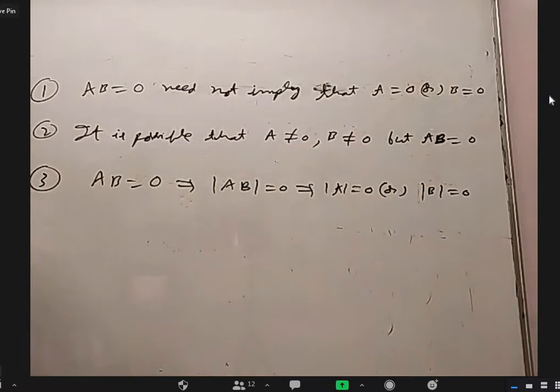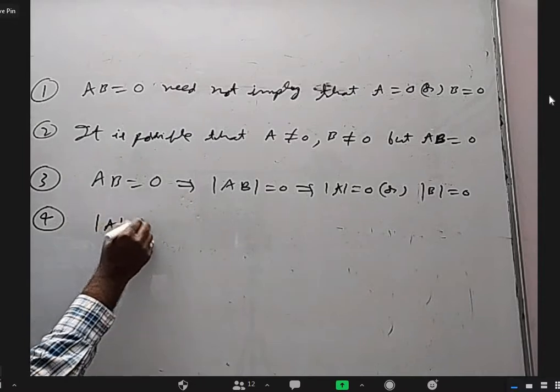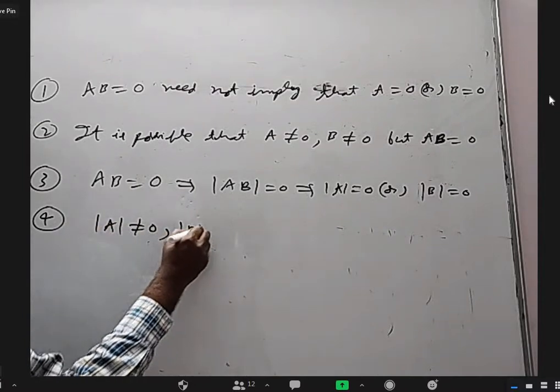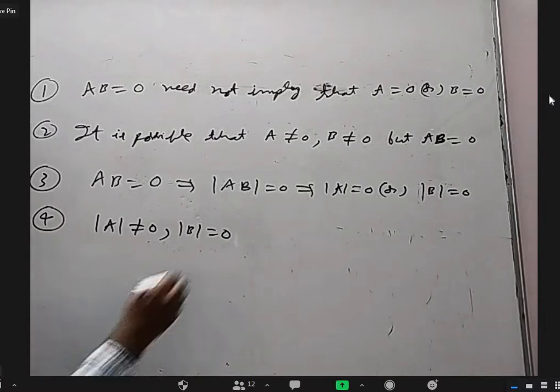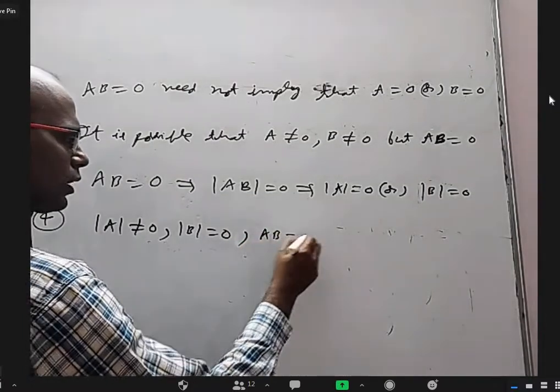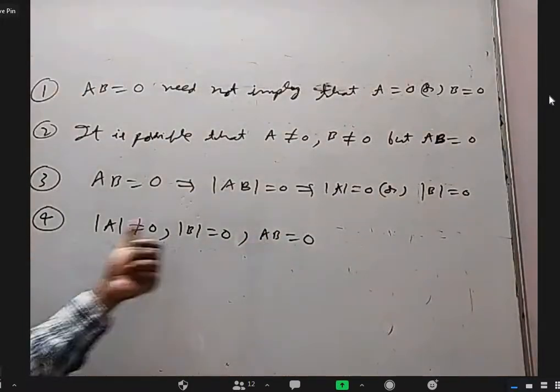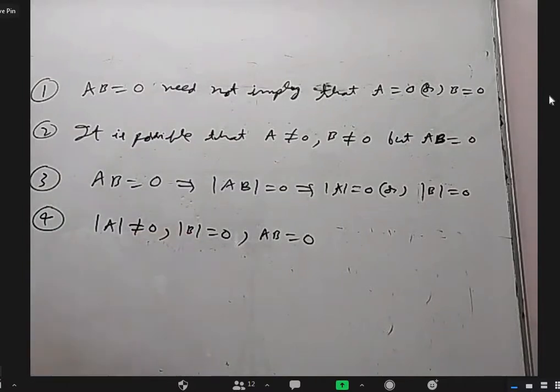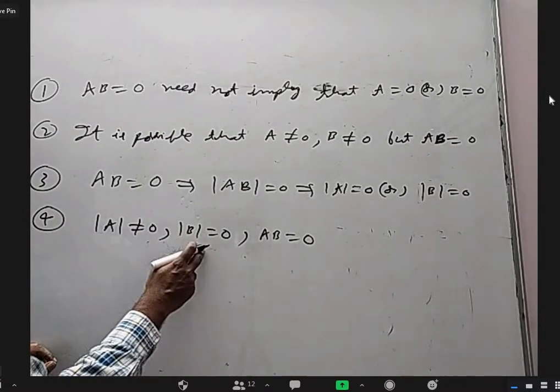Both can be 0 also. Now, a very important point. Let us say det A is not equal to 0, but det B equal to 0, and also AB equal to null matrix. When AB is null matrix, one of the dets should be 0. What if det B is 0? What happens?